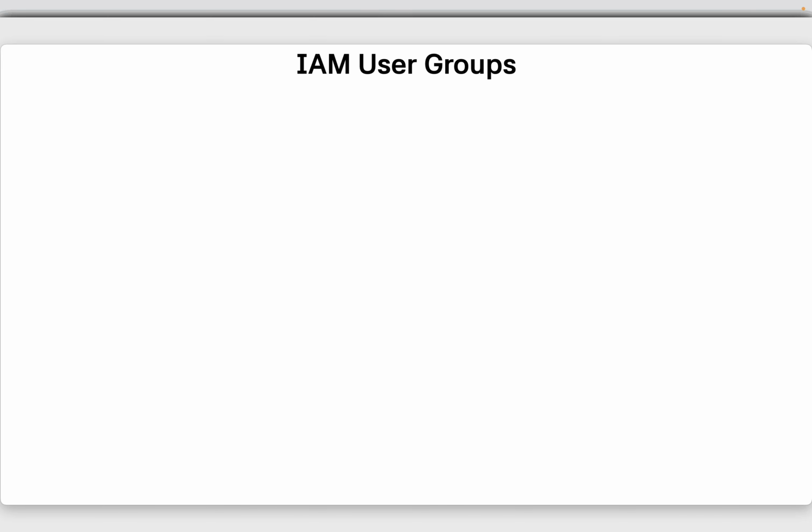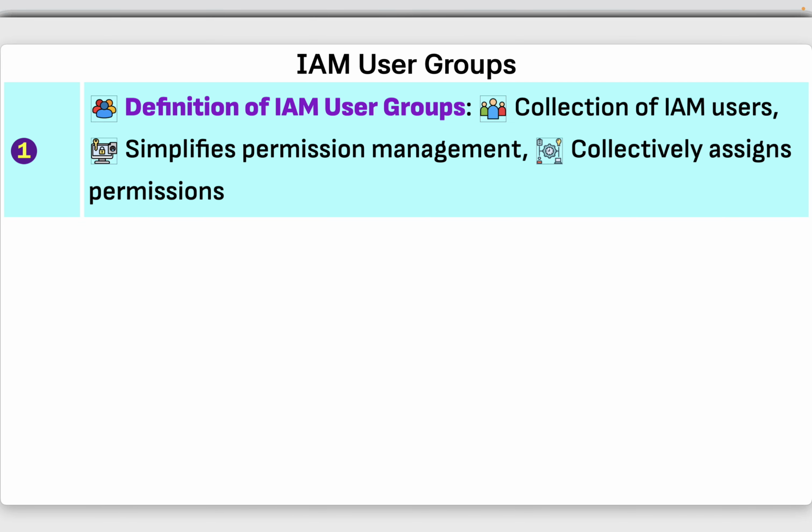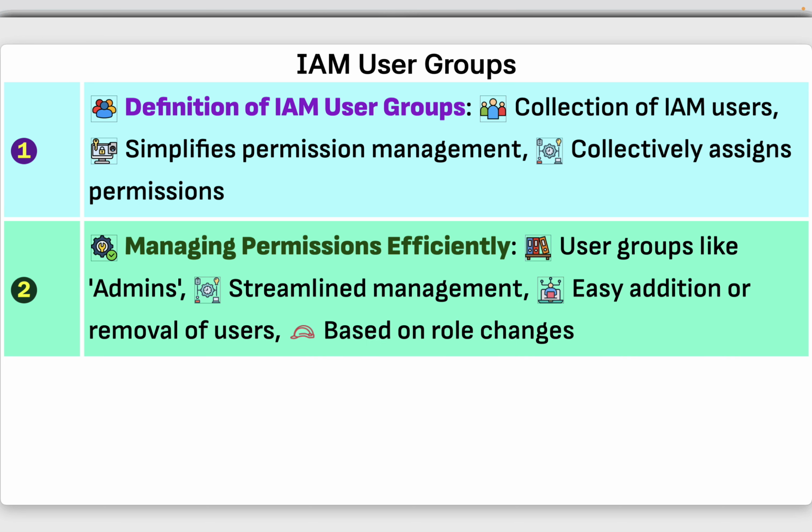IAM user groups. An IAM user group is a collection of IAM users designed to simplify permission management by collectively assigning permissions to multiple users. By using user groups like admins, permission management becomes more streamlined, allowing for easy addition or removal of users based on their role changes within an organization.